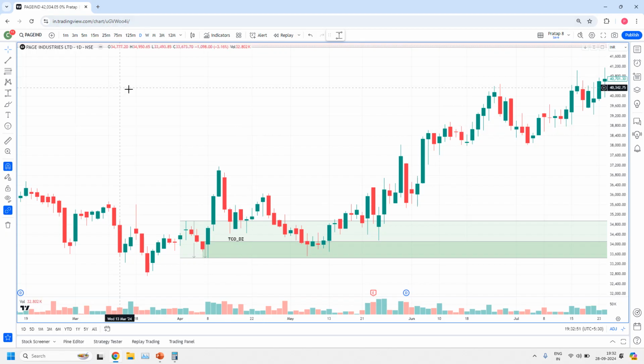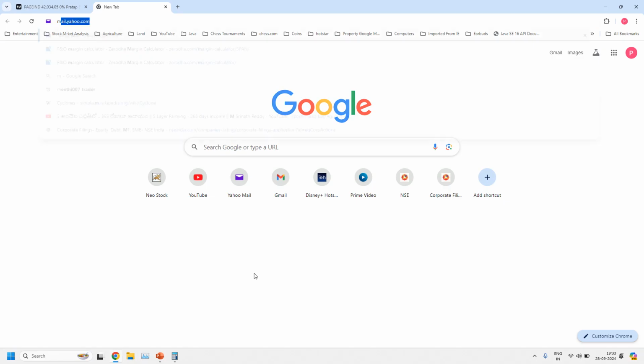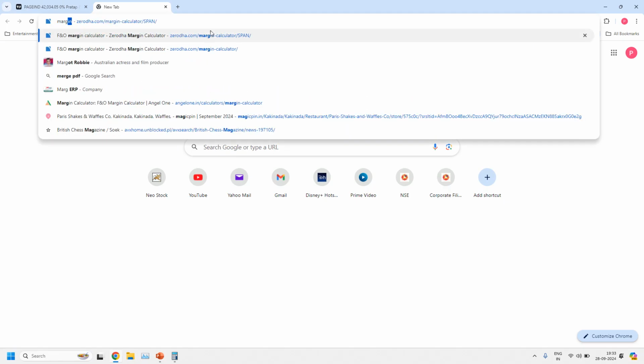Just a single share. But what is the lot size of Page Industries? Let's assume you took a trade in the F&O segment.